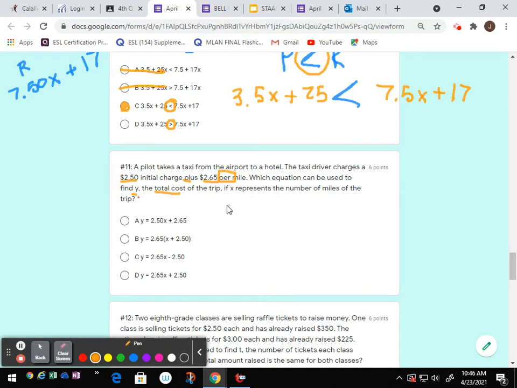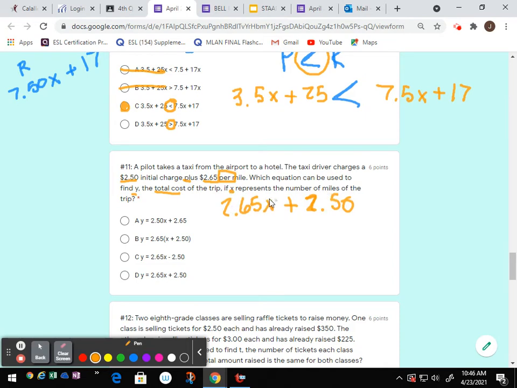Okay, so we know that he charges an initial fee of $2.50. So we know we're going to be paying $2.50. But depending on how far we go per mile, it's $2.65. So we have 2.65, and we'll put X for the number of miles.